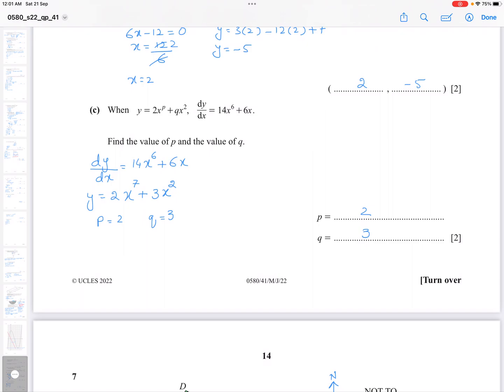So you can write this answer in the answer space. So I quickly revise this for you. If I write 2x power 7, this becomes 7 times 2 is 14, and 1 reduced from 7 becomes 6, so 14x power 6.